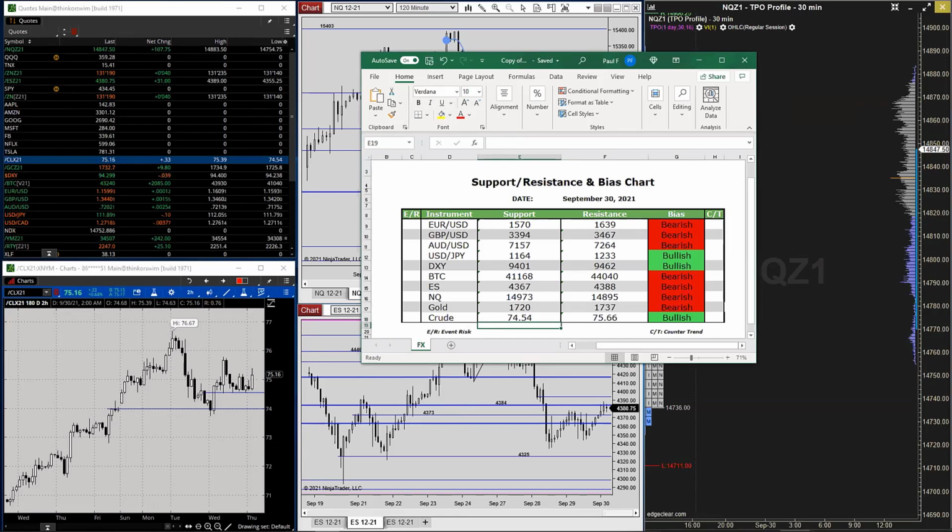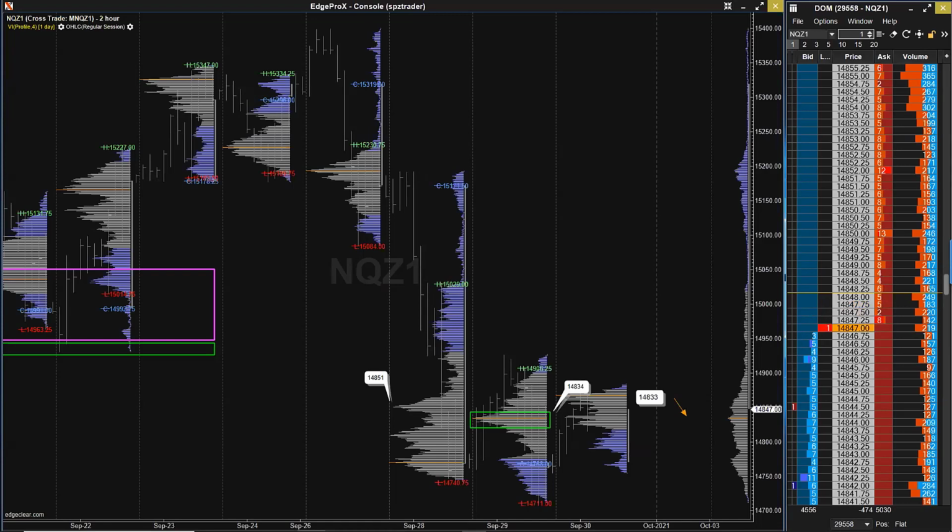And take a look where we stand here. Looking at the NASDAQ, we do have the week's volume point of control right now. Right there. 14,833. High for the move is 14,883.